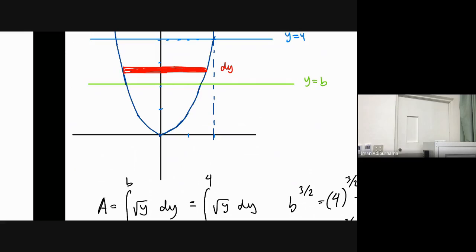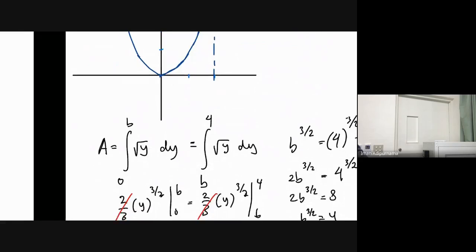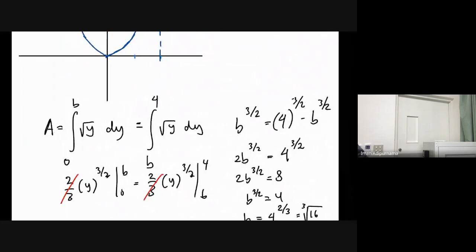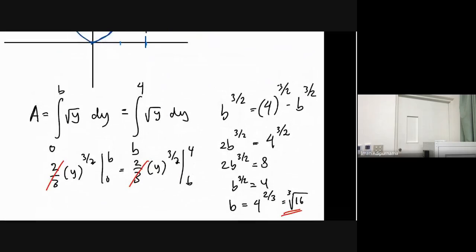So we need to set up the integration first. Set up the integrations, integrate, simplify, and put in the b. And I think this is not too complicated. And you get b is the cubic root of 16.